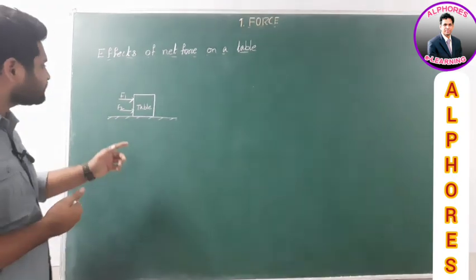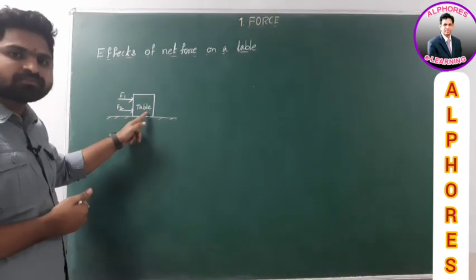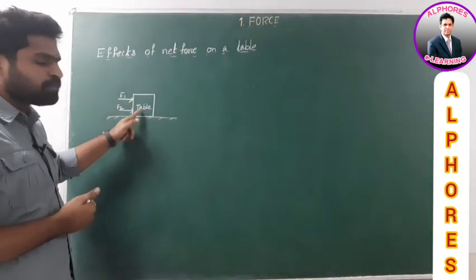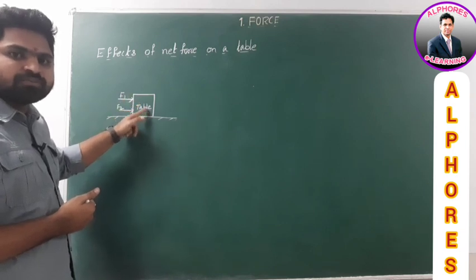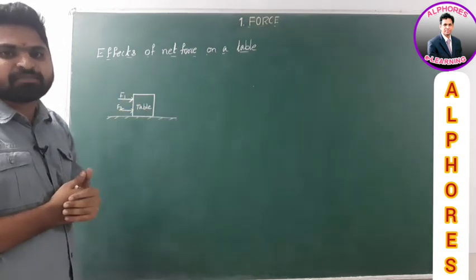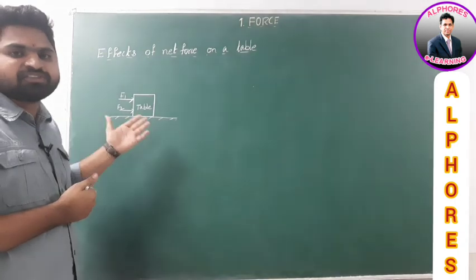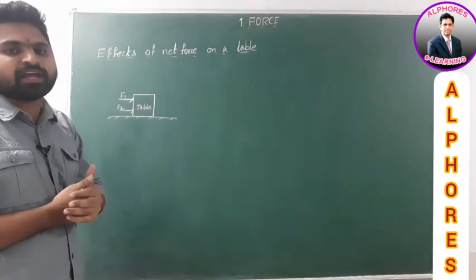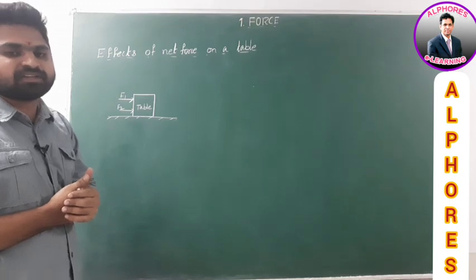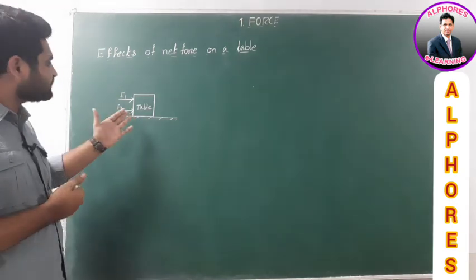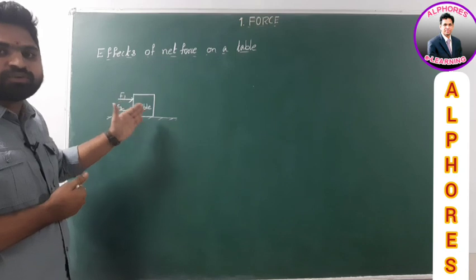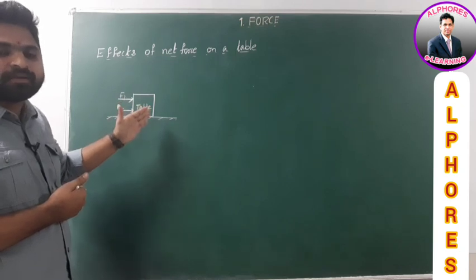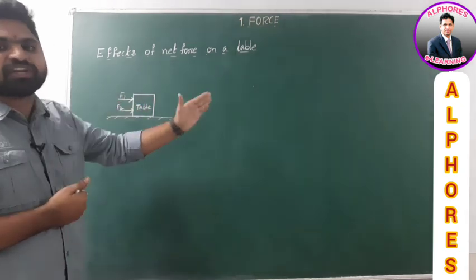So the total force acting on the table, applied by both of you, pushes the table forward in the same direction. Here you felt it so easy to push the table when your friend helped you.